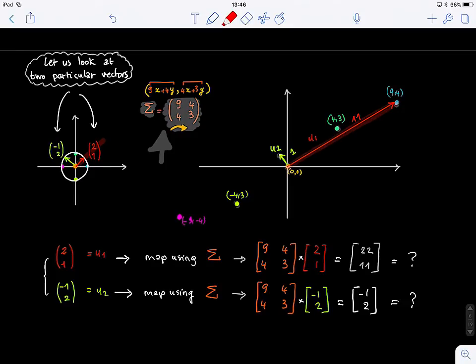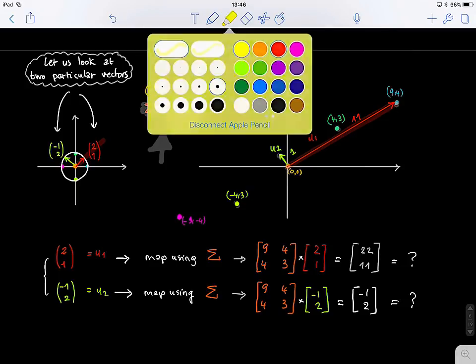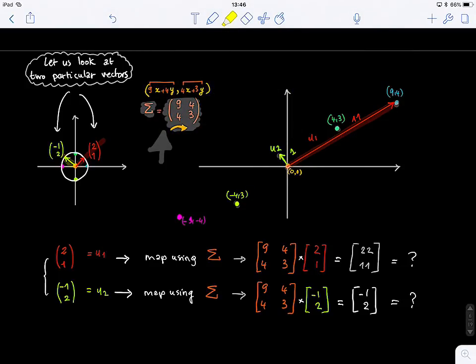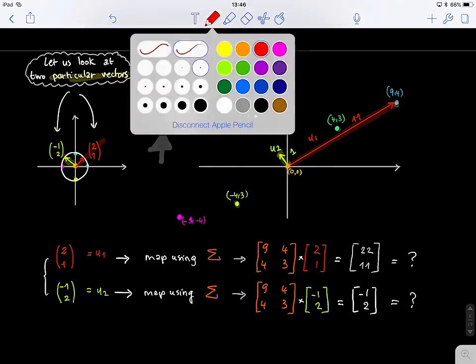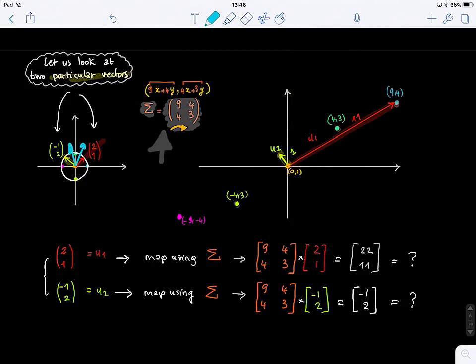They do not change. All other vectors will have different positions when mapped into this space. But some particular vectors, when we map them through the covariance matrix of the data, remain stable. These are good directions.